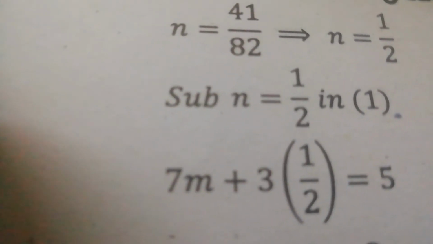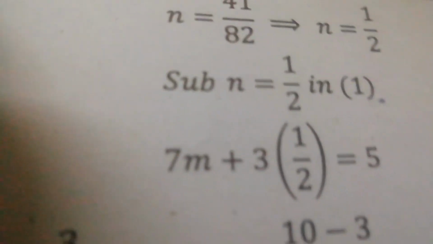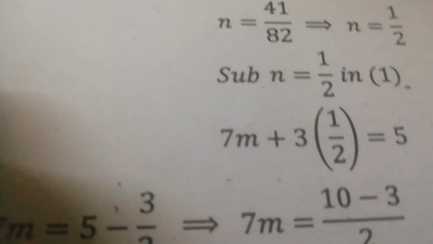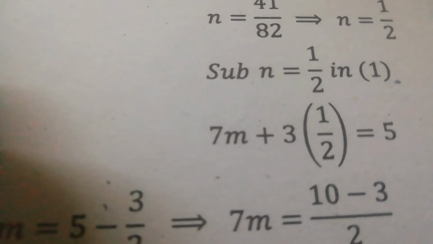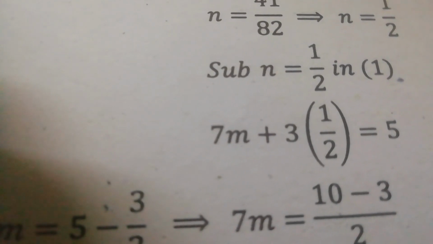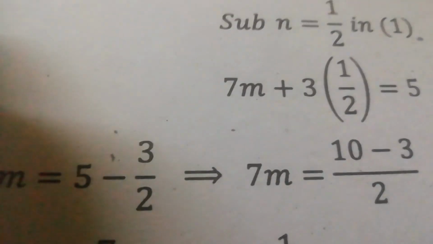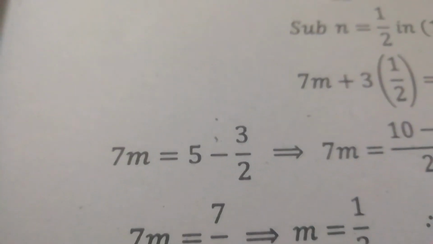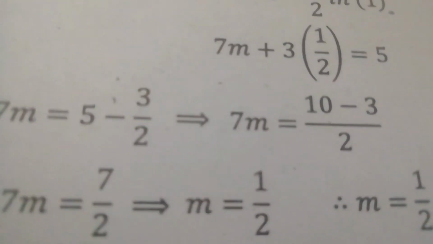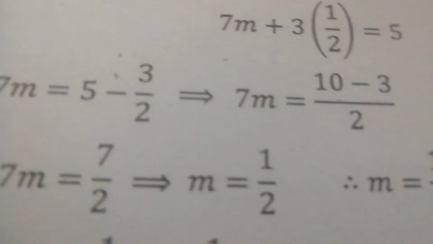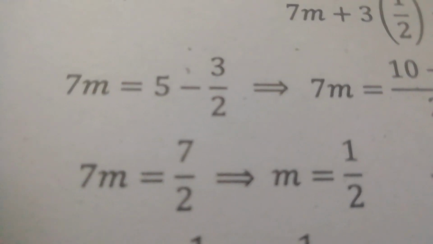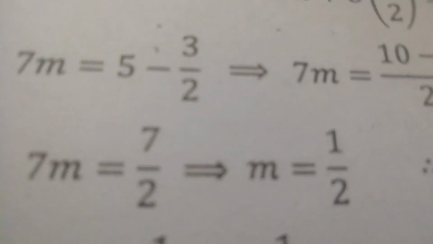So what is the n value? 1 by 2. The m's cancel. Now we can substitute n equal to 1 by 2 in equation 1. So after simplification we get m is equal to 1 by 2. Now we have the m and n values.